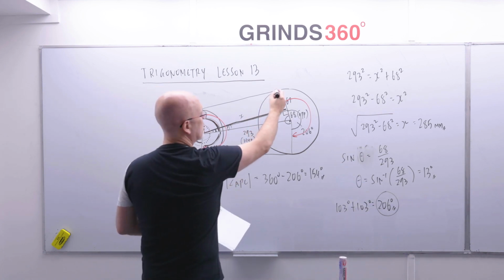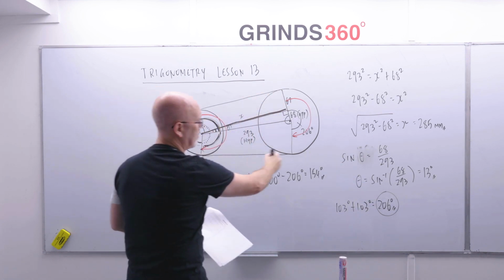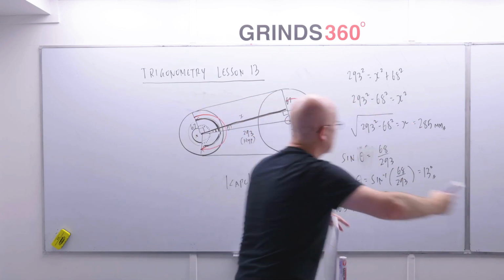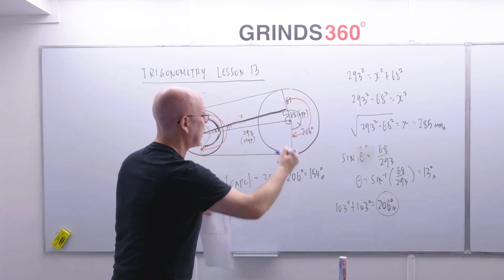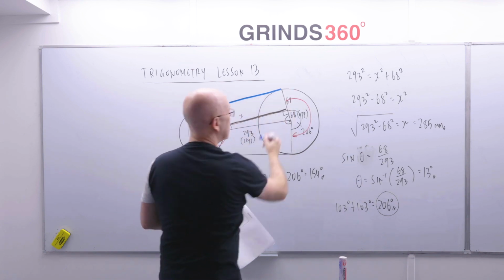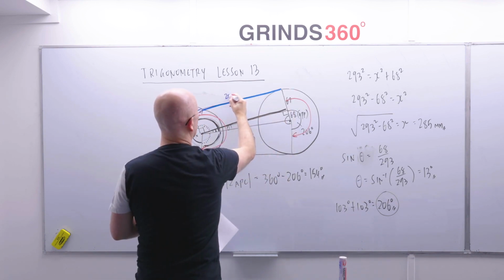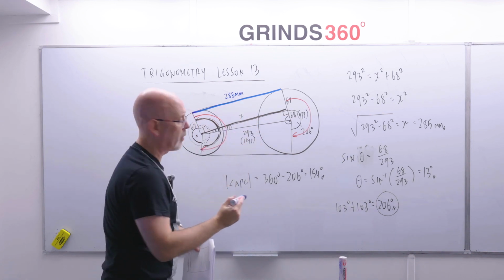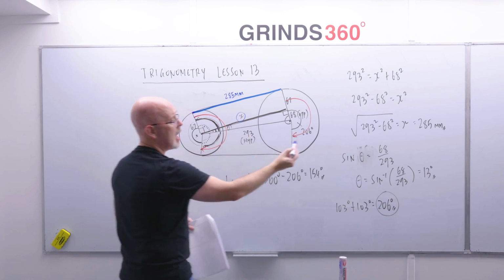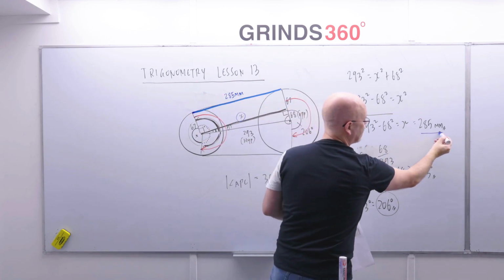So we want to find the length of the chain that goes all the way around from here back to where we started from. So notice what I know already. I already know what this is, right? That side there is 285. Now I should have mentioned back when we were doing part 1, that we found X, this side here, and we said that was 285.